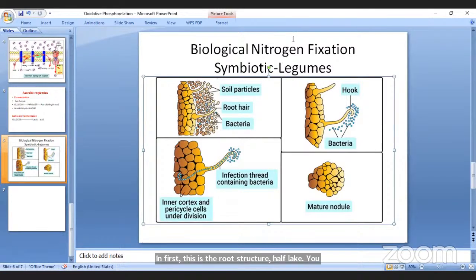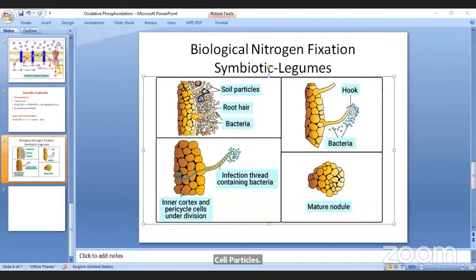These are the soil particles. Root hairs.